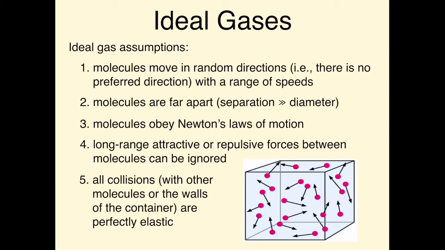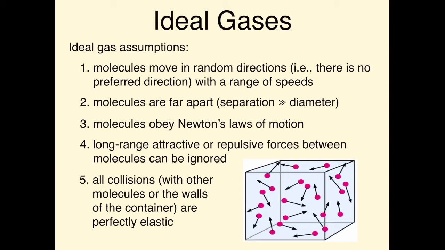Okay, the third thing is when we look at the motion of the molecules, we're going to assume they obey Newton's laws of motion. So if, for instance, I want to know what happens when a molecule bounces off the wall of the container or a molecule crashes into another gas molecule, I can analyze what happens in terms of Newton's laws.